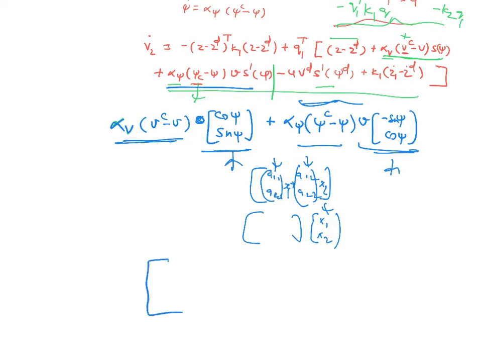So I can write this as cos psi, sin psi, minus v, velocity comes in here because of this, so minus velocity sin psi, velocity cos psi.